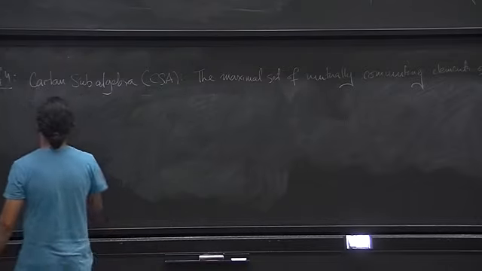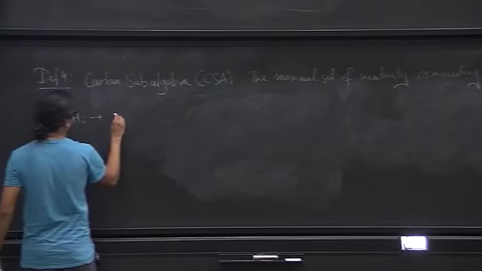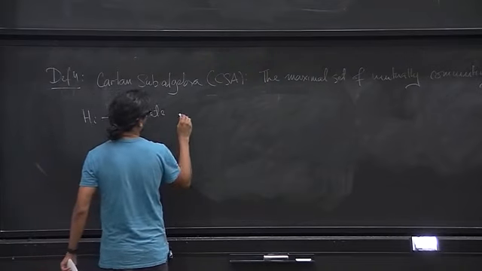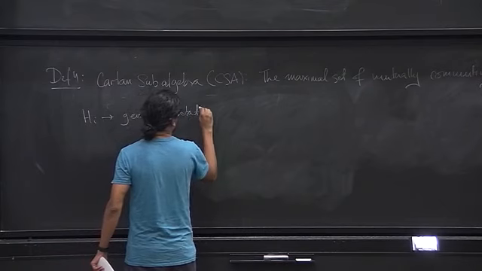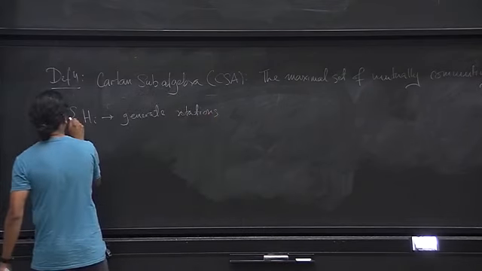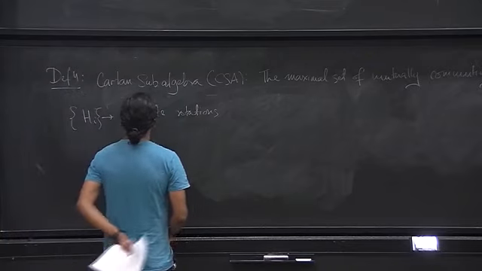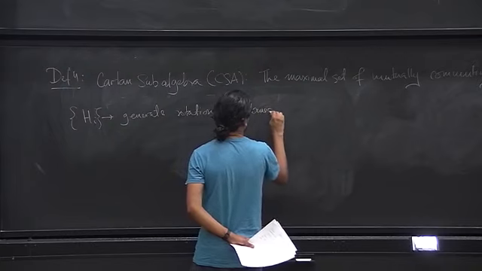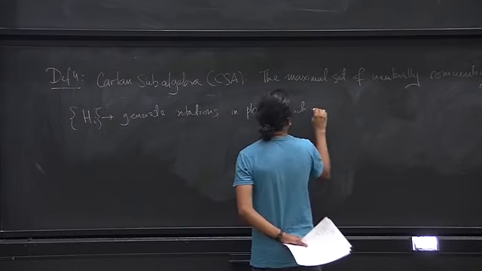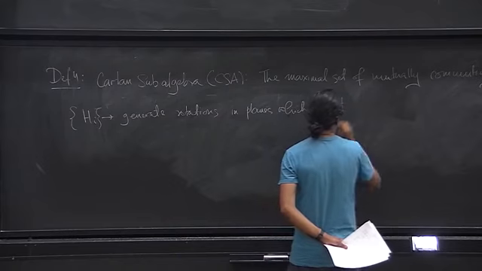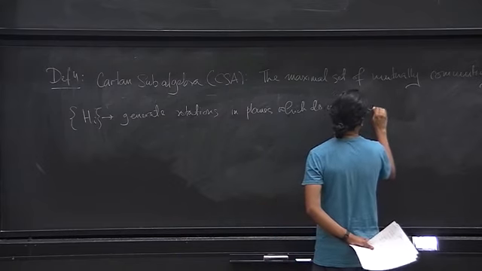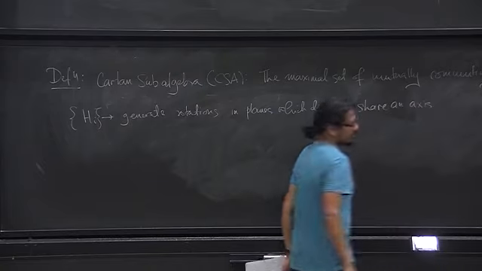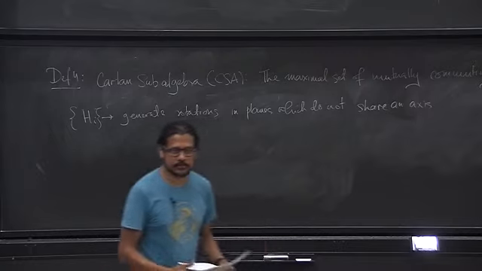So the set Hi generates rotations in planes which do not share an axis, and therefore they would be commuting rotations, right?